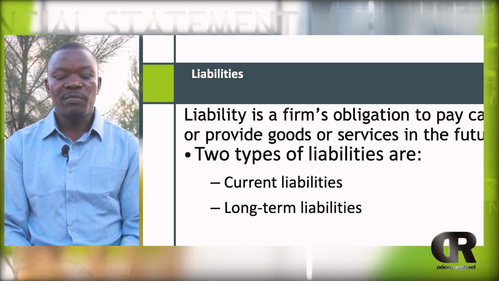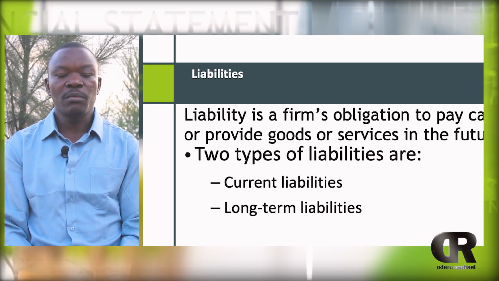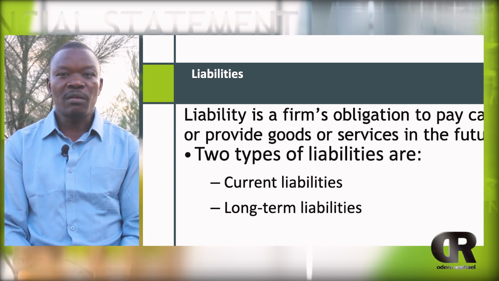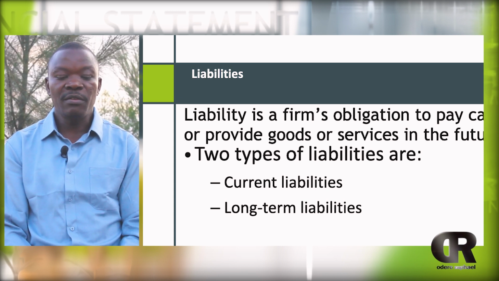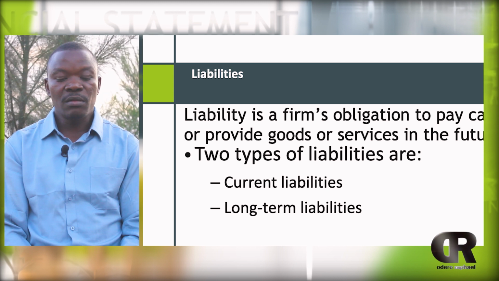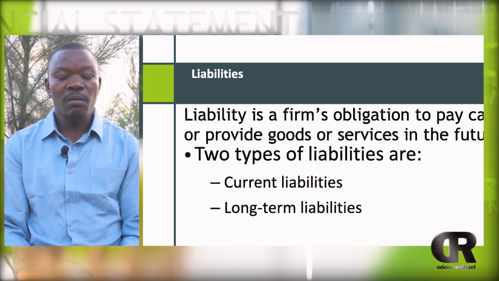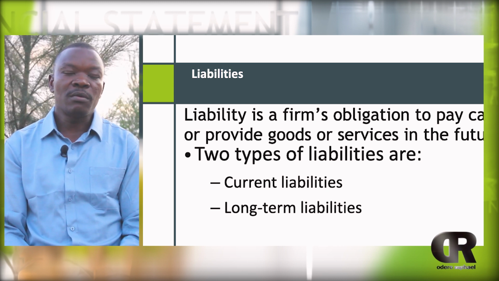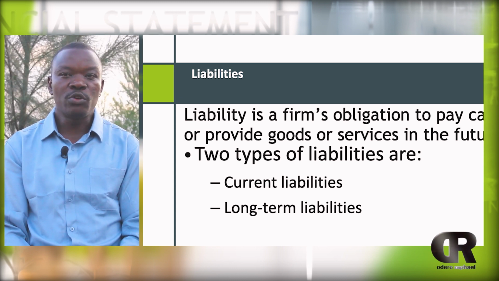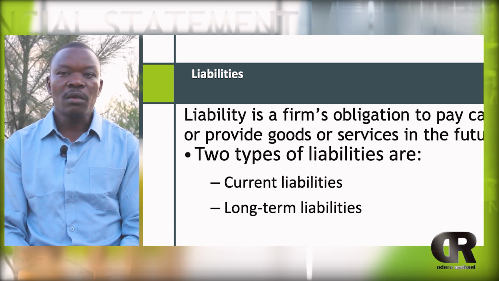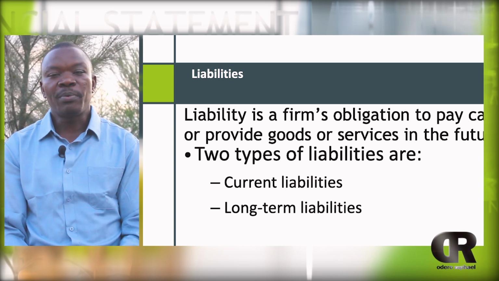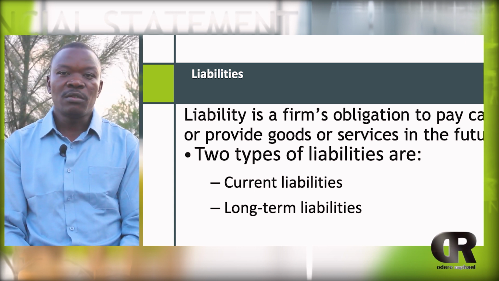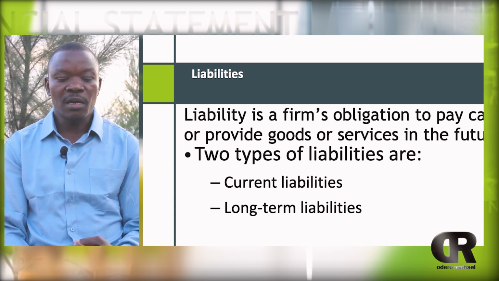Liabilities of the farm are the obligations that the farm has to pay in future. For instance, you bought goods on credit, so you have to pay for these goods in future. These are the current liabilities.